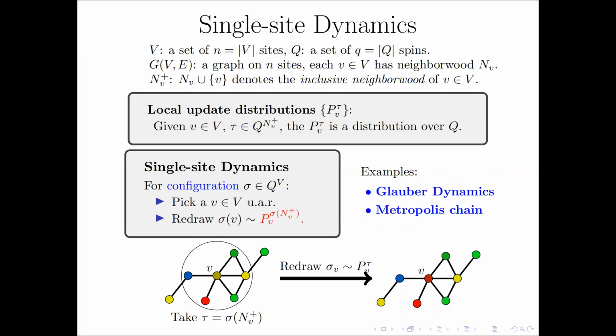Apart from Glauber dynamics, another well-studied Markov chain, known as the Metropolis chain, is also a single-site dynamics. In the following talk, we only consider Glauber dynamics, while all the algorithms, theorems, and analysis can be extended from Glauber dynamics to any single-site dynamics.